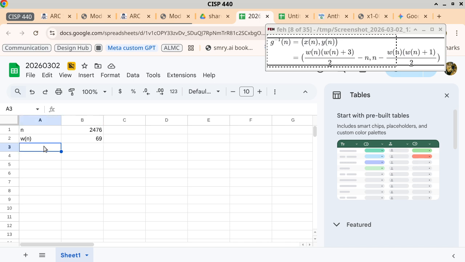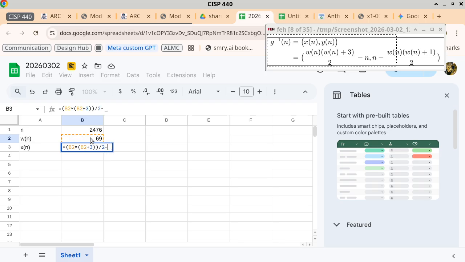So now x of n is going to be basically this number. Oops, that's my bad. Control Z, good thing we have undo. So it's equal, open paren, this number times this number plus 3, and then the whole thing divided by 2.